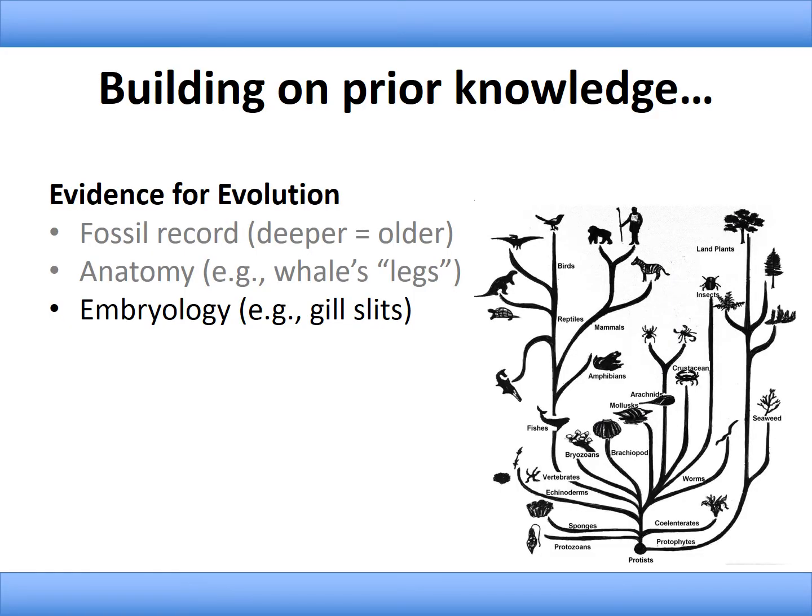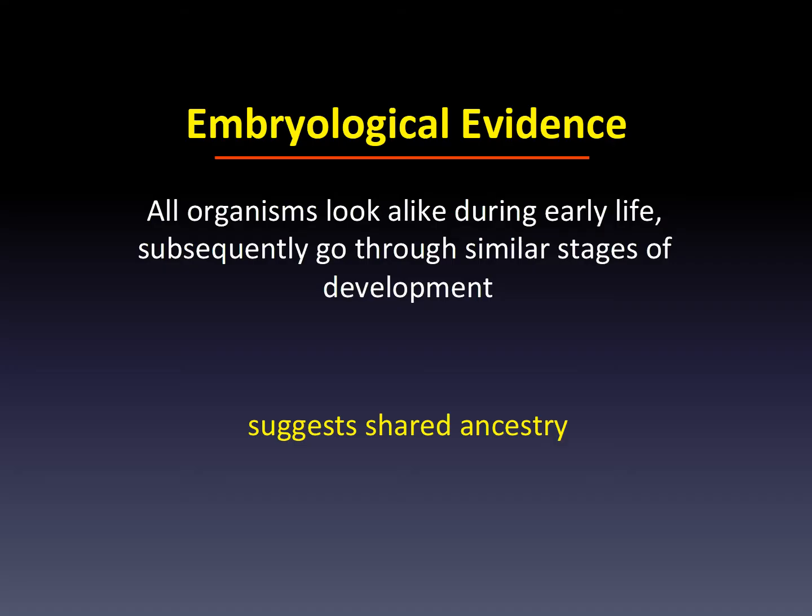The next piece of evidence supporting the theory of evolution by natural selection comes from comparing embryos of different types of animals. And it turns out that all organisms look alike, very similar, during early stages of life. And we subsequently go through similar stages of development.